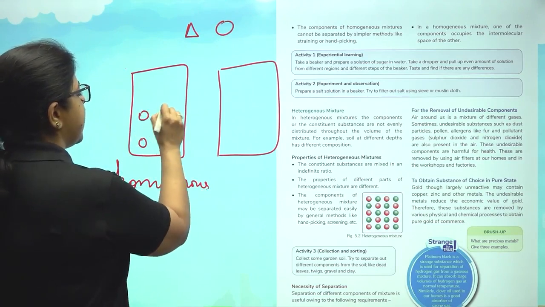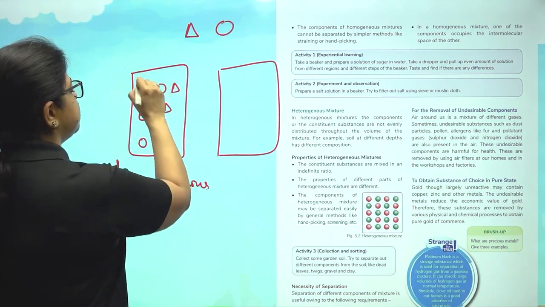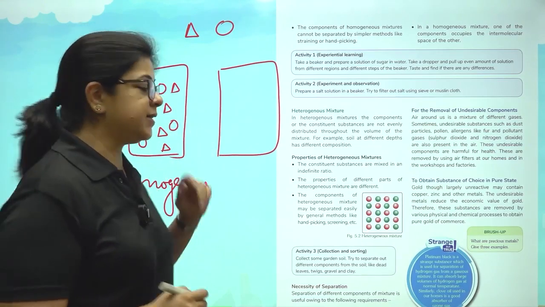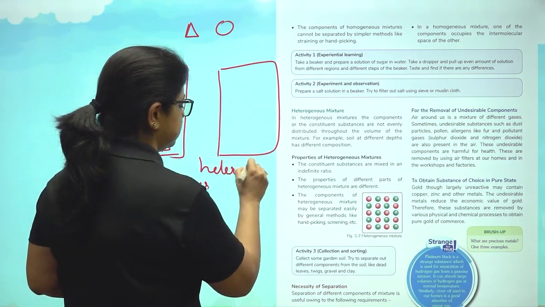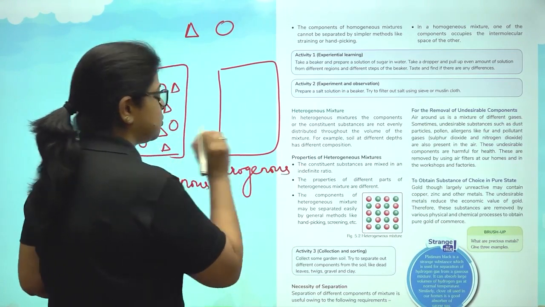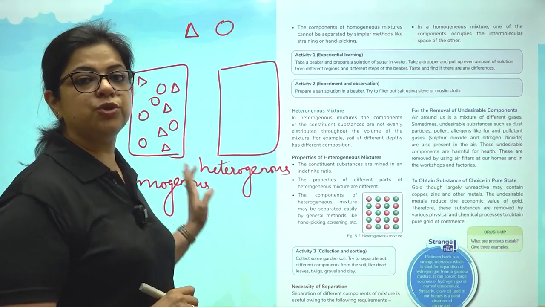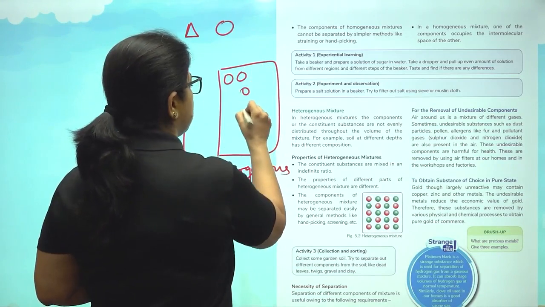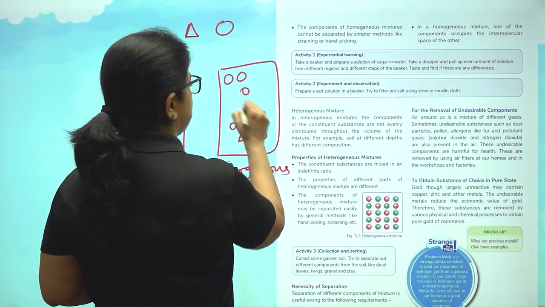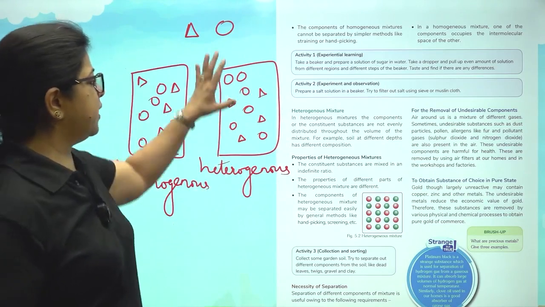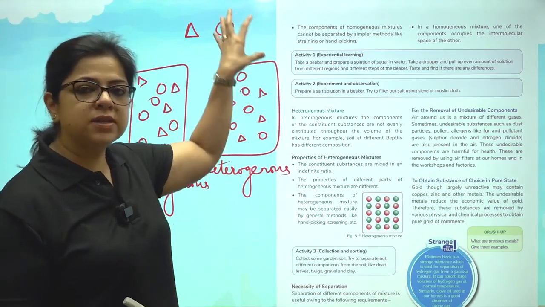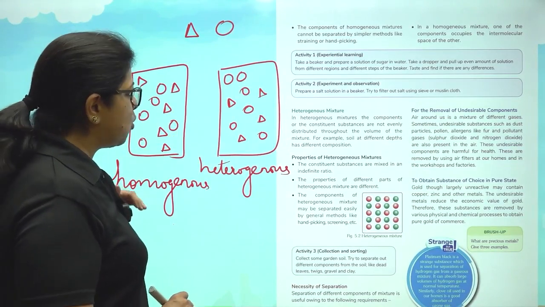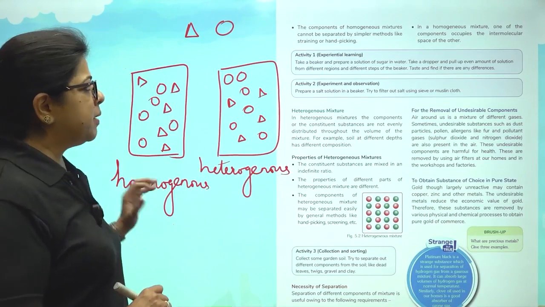The triangle and the circle will be distributed equally in the whole mixture. Whereas, in a heterogeneous mixture, their composition is going to be different and their distribution throughout the area is also going to be different. So, there may be more circles and fewer triangles. Also, in one area, the amount of circles may be more and triangles may be less. So, this is the difference between homogeneous and heterogeneous mixture.